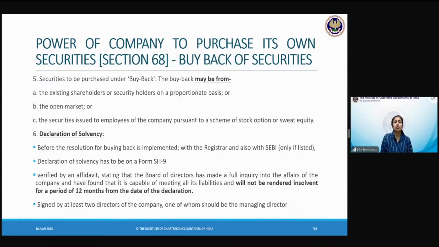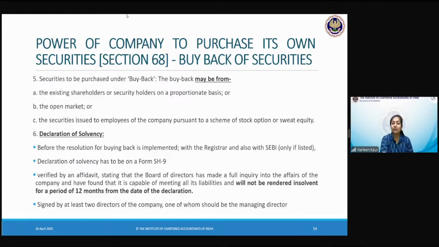So this is the most important, declaration of solvency has to be given whenever you try to buy back the securities. And who is going to sign this declaration of solvency? At least 2 directors. One of them shall be a managing director. At least 2 directors are going to sign it. Yes, Harshada, absolutely correct.